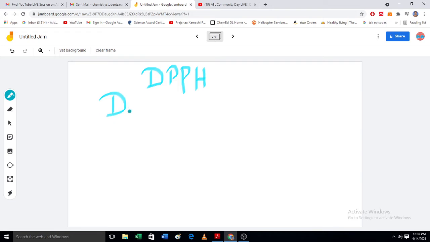Diphenyl picryl hydrazine is the standard for ESR spectroscopy.